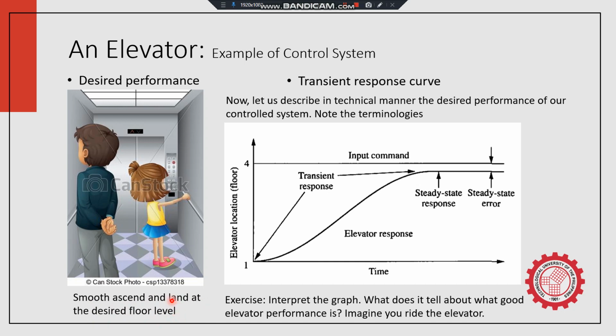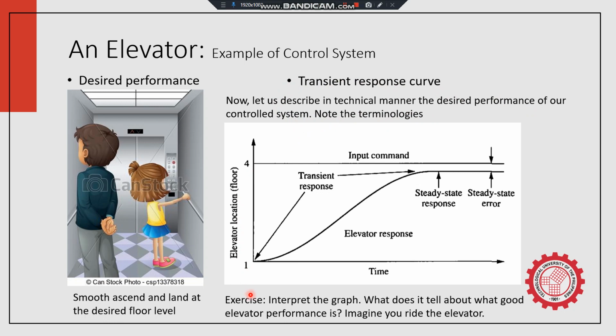Right? We don't want to feel dizzy inside. That desired performance, technically, we call the transient response curve. So, let us describe in technical manner the desired performance of the control system. And please take note of the terminologies.